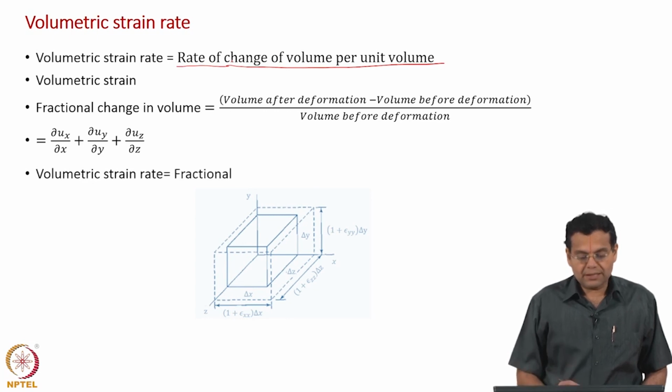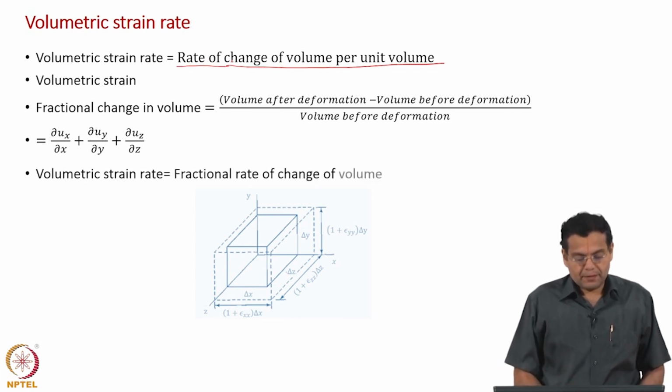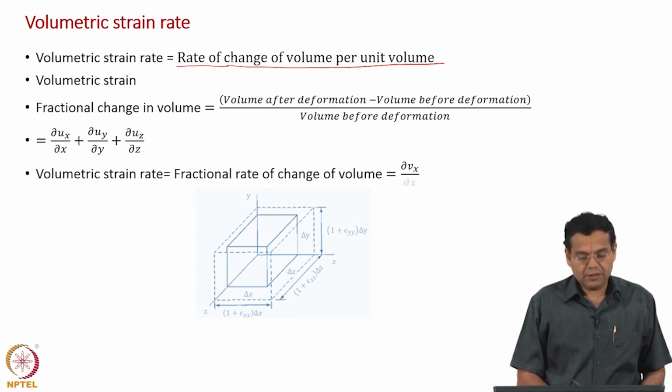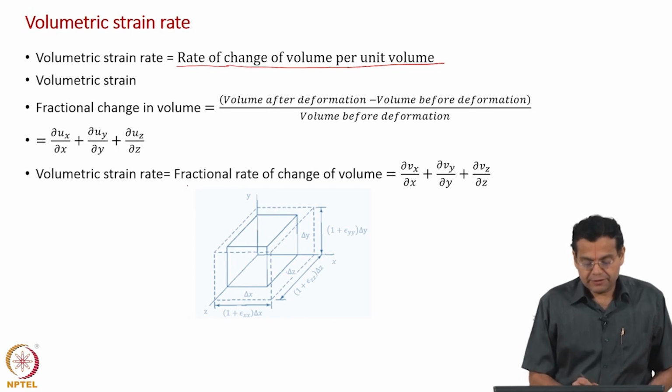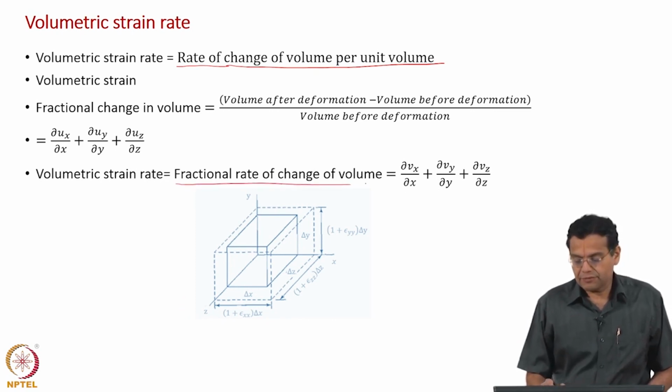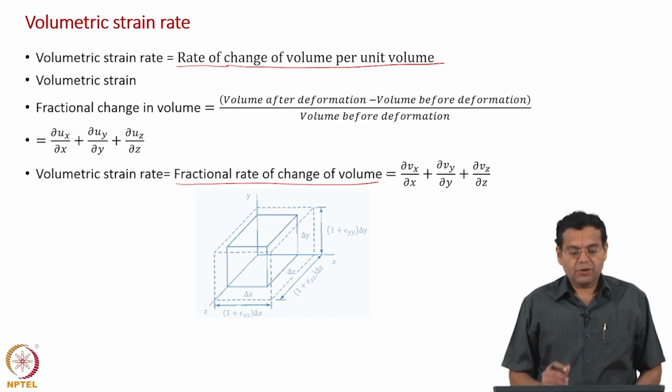So, now analogously for the case of fluids, the volumetric strain rate is the fractional rate of change of volume. Okay. So, volumetric strain is change in volume per unit volume, and volumetric strain rate is the rate at which this happens.